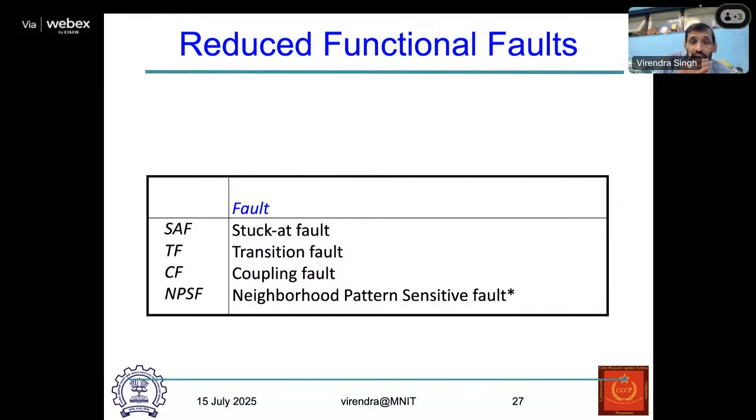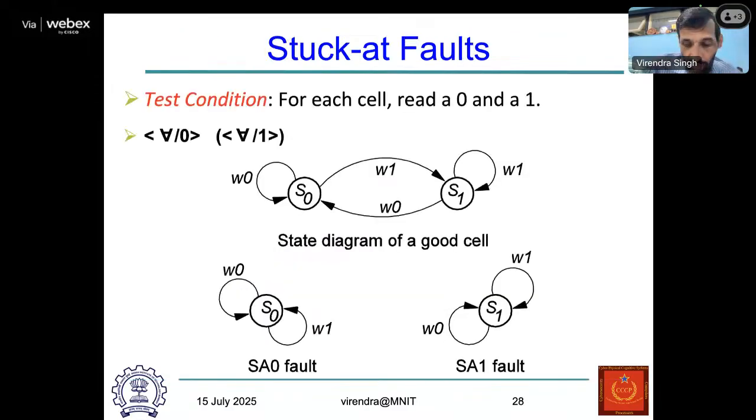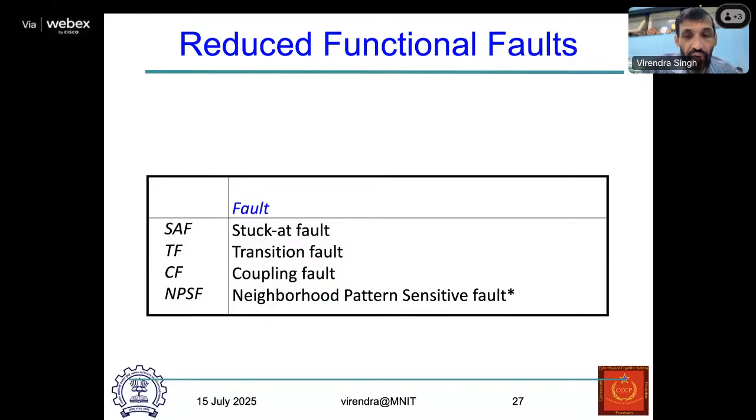This may not have one-to-one coupling, but a pattern in the surrounding of that particular cell can potentially change or upset that cell, and that we call a neighborhood pattern sensitive fault. So these are the simplistic or reduced functional fault models that we can have.